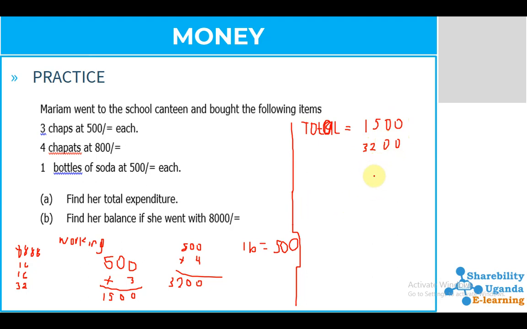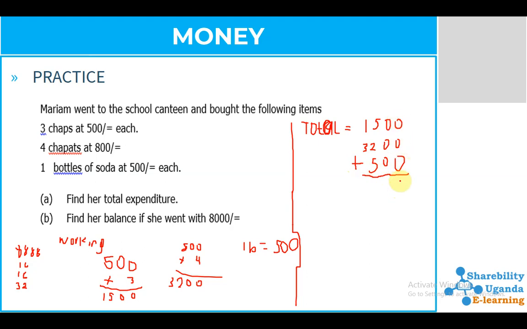Then also the cost of one auto, which is 500. So for this, we shall be able to add this and get the total expenditure.